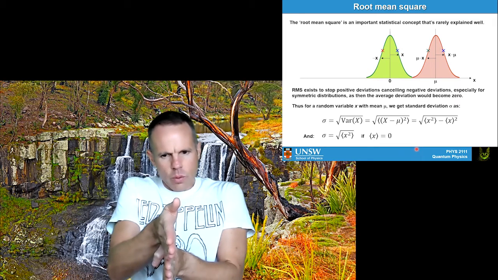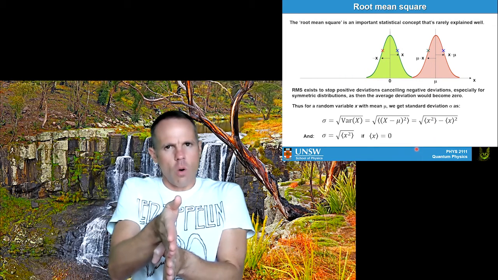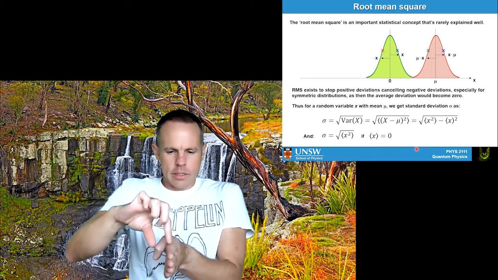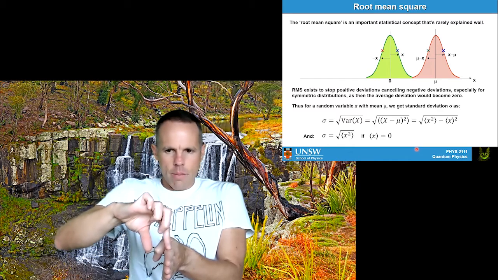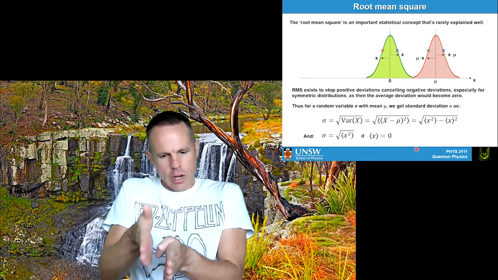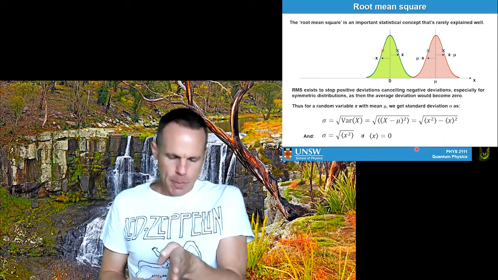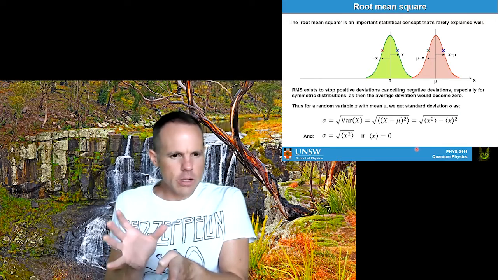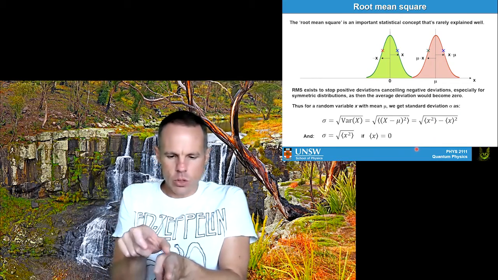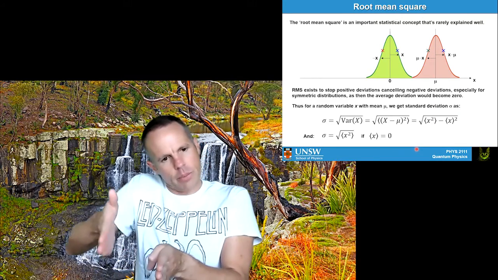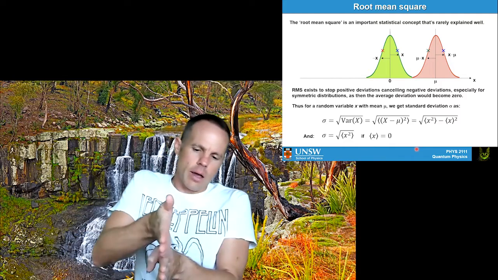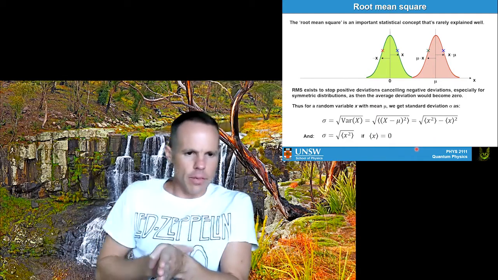And imagine what we want to do is get some idea of what the typical separation of some observation is from that average. If we considered taking an average there, what we would do is have a whole pile of different numbers that are on the positive side and a whole pile of different numbers that are on the negative side.